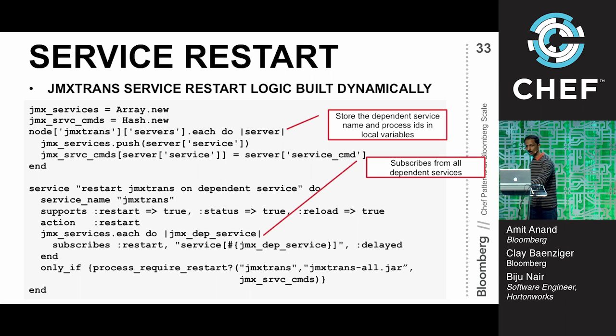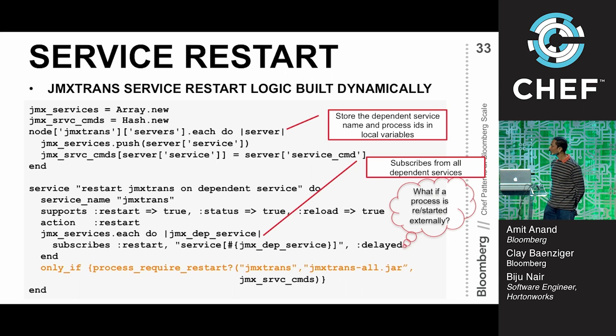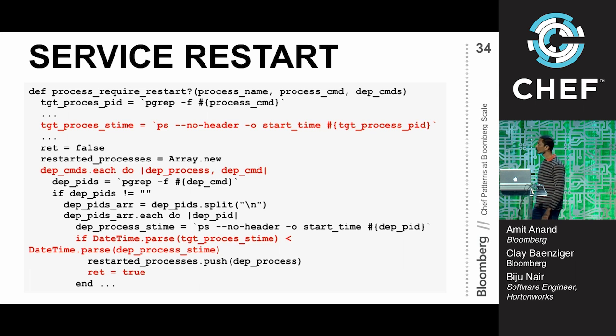So as you can see, we have created a library function so that we can have this capability in our cluster, so that if any of the processes gets restarted, we will be able to restart JMX trans as well. This is just a quick snippet of that library function.